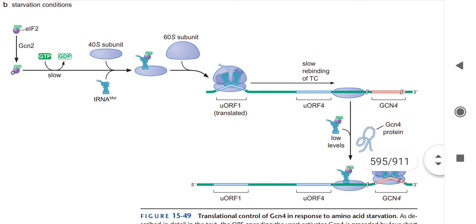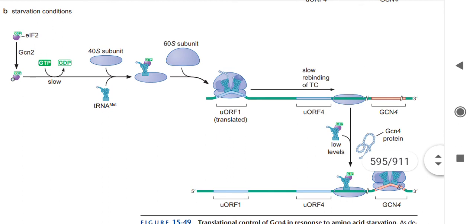So then GCN4 mRNA has to be expressed. The open reading frame for GCN4 has to be expressed so that it will direct the synthesis of those enzymes which are needed for the biosynthesis of amino acid.